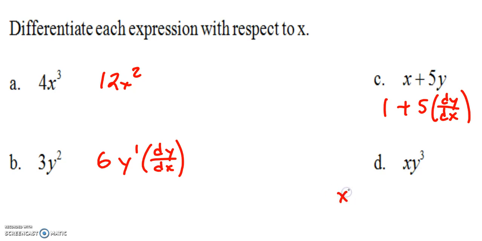We have x times the derivative of y to the third, so we have times 3y squared. The derivative of y is dy dx. Plus the second times the derivative of the first. The derivative of x is simply 1. We can simplify that a little bit, but that essentially is what we're doing with these.